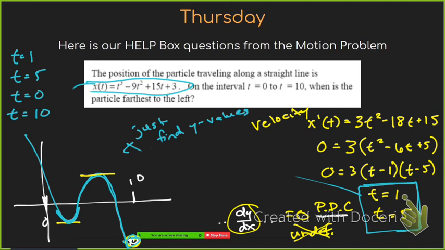But I'm still wondering, maximums and minimums, did we find those just because that would be where they change direction? Yes. Okay. And ultimately, because might it have been possible that 10 was right here? Yeah. And if that was the case, where would the most negative spot have been?